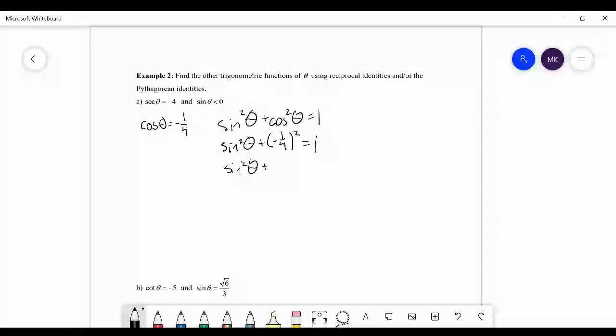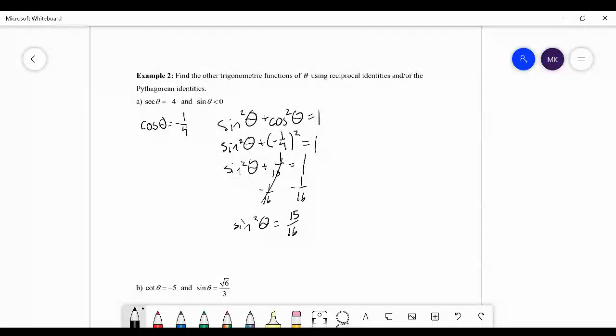If I square that, I end up with a positive 1/16. Subtract that from both sides. I end up with sine squared theta equals 15/16. Okay, so 1 minus 1/16 leaves me with 15/16.